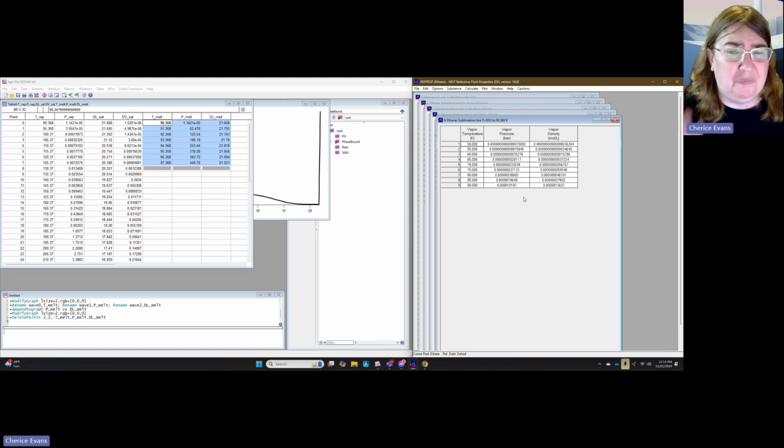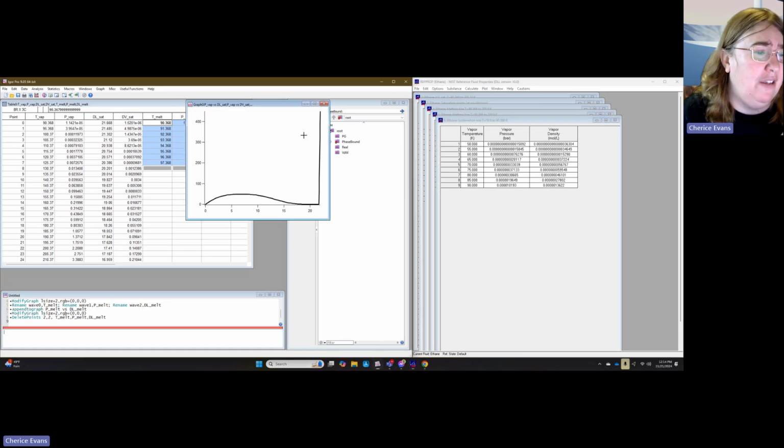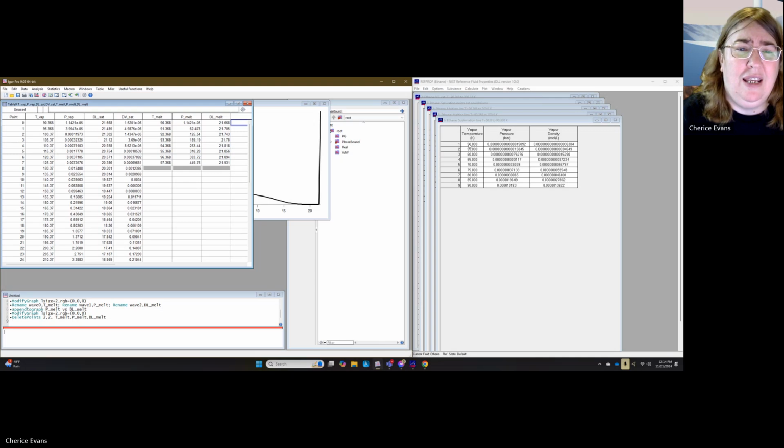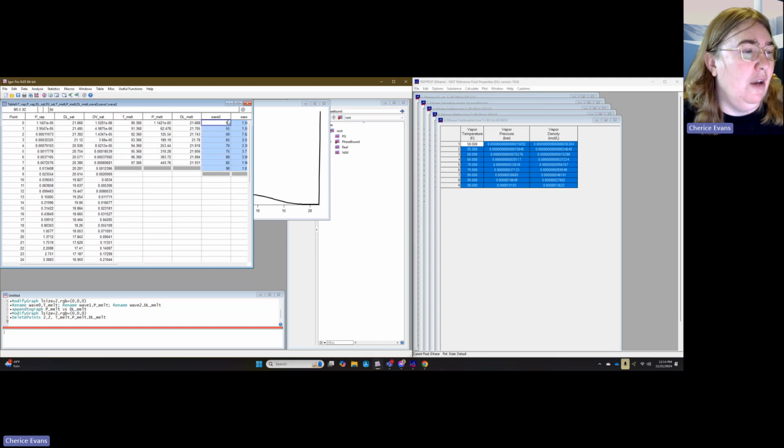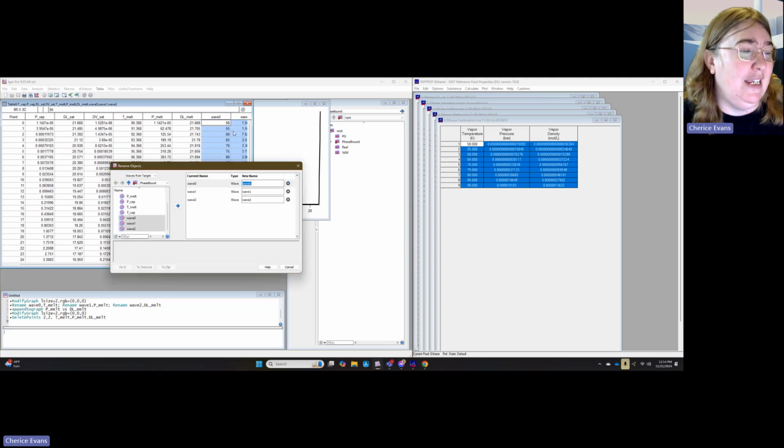And you can see, if you look at that, the pressure is tiny. The density is tiny. And if I look at that on this line, it is going to be almost unobservable. We will put it on here for completion. We're just not going to really be able to see anything.